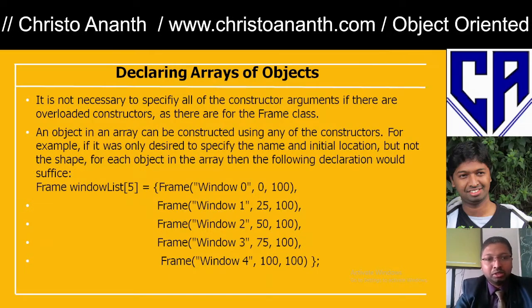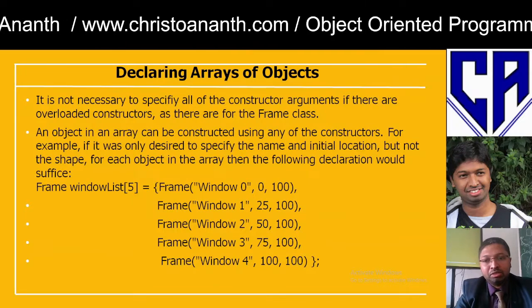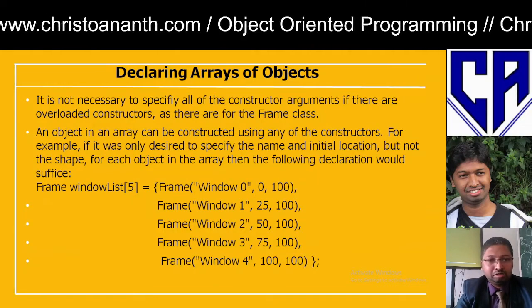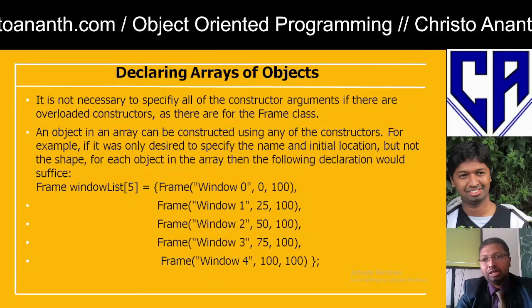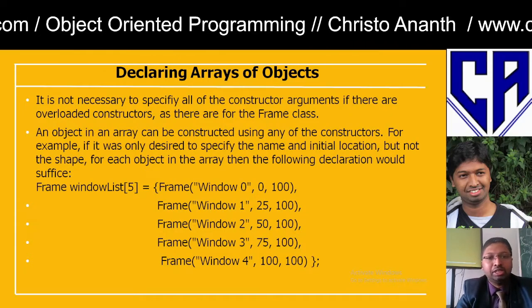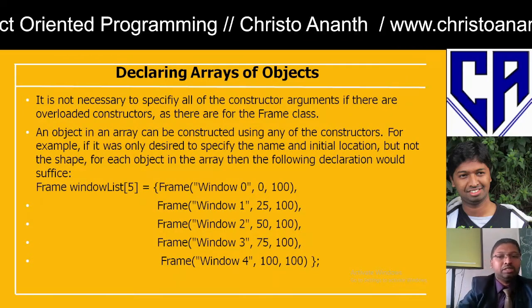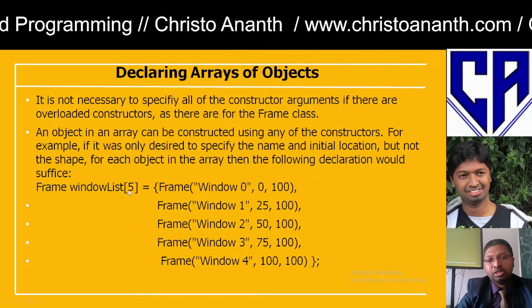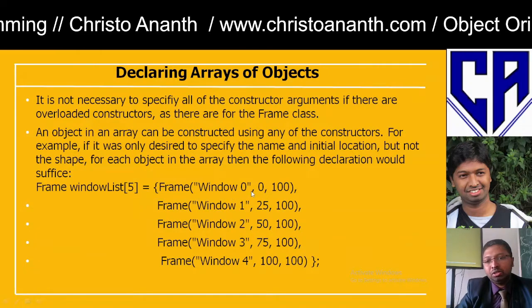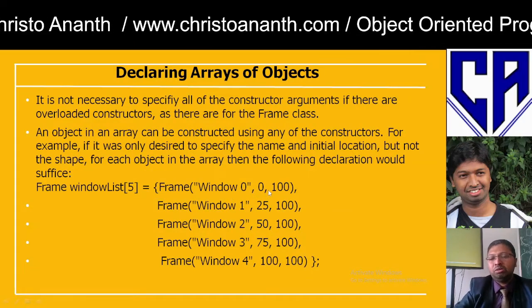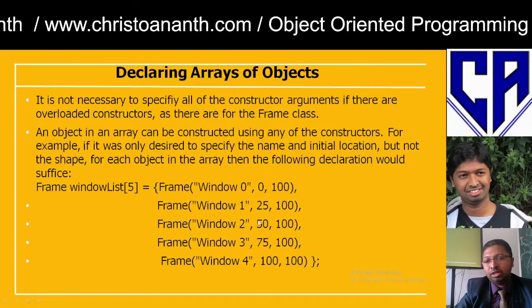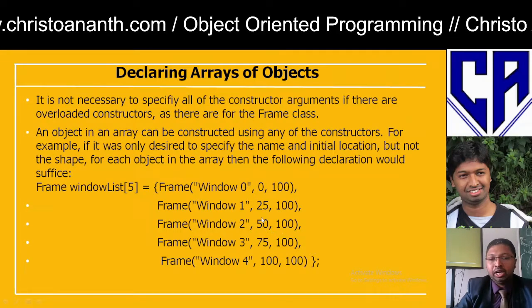The object in an array can be constructed using any of the constructors. Generally it can have the name as well as the location. Even the shape can be resized also. For example, frame window list of I equal to frame window of 0, like 0 and 100, just two you can use. Window 1, 25, 100, 50, 100, 75, 100 and 100, 100.